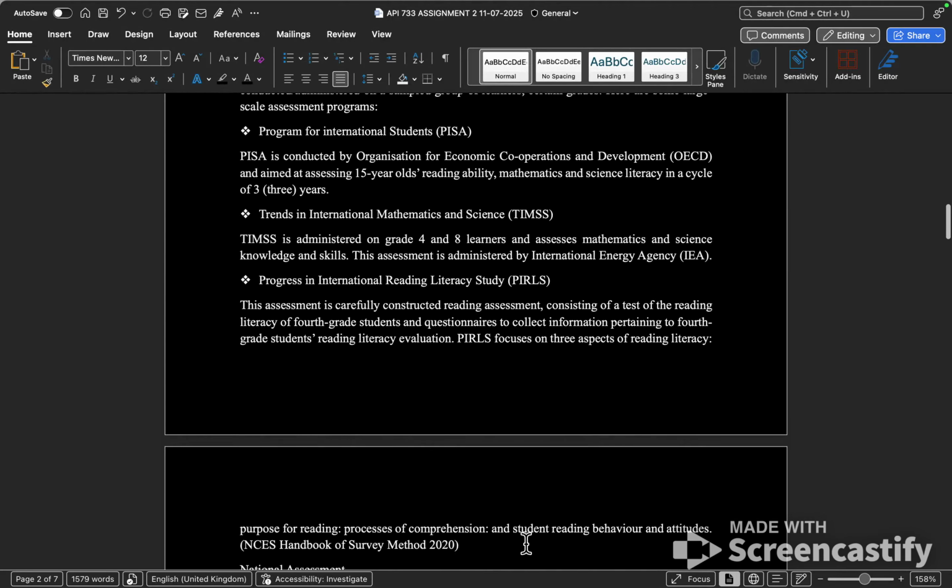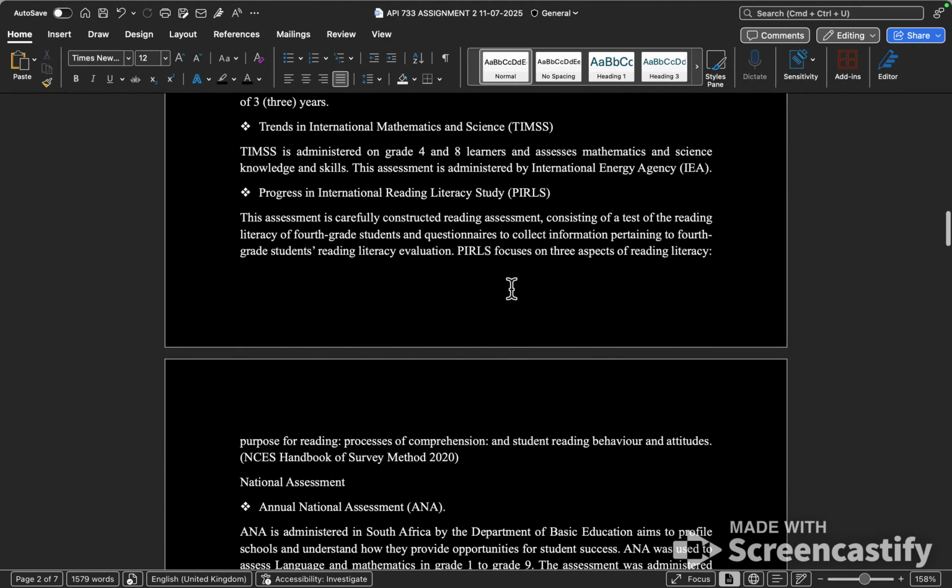Now, this PEARLS is focused on 3 aspects. Firstly, PEARLS is an assessment that is used on 4th grade students, is used to assess reading literacy and languages.